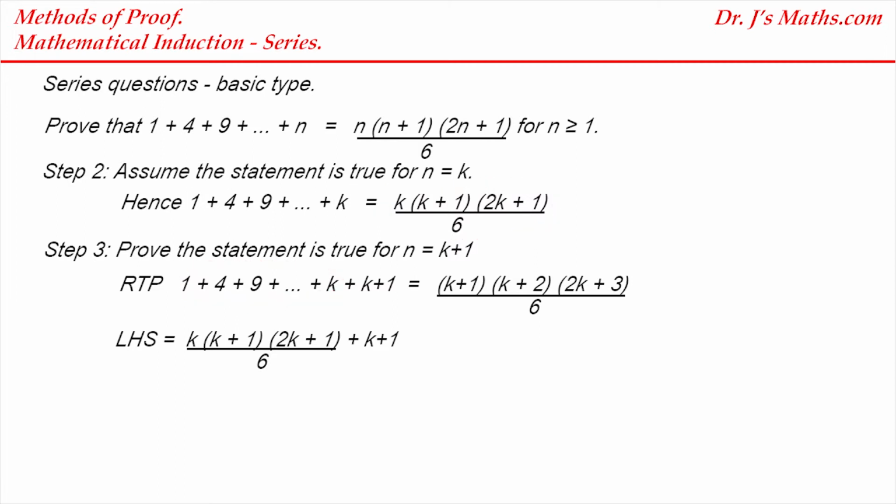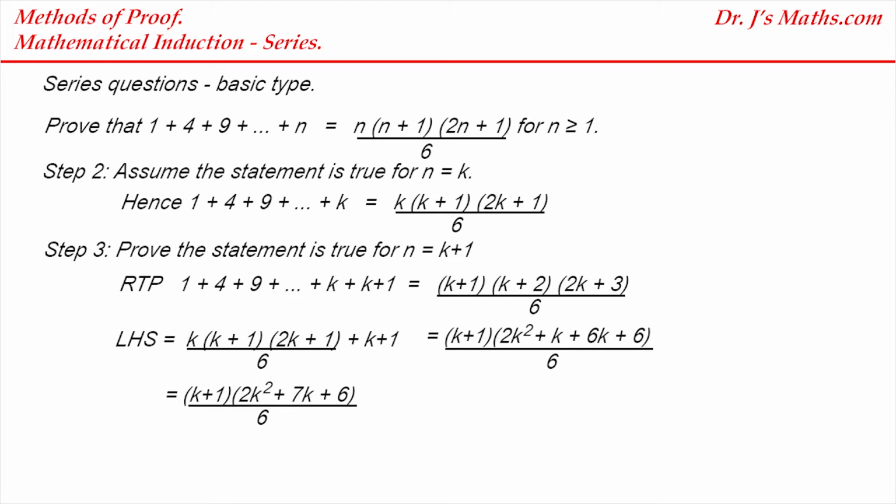Now we have a common factor there of k plus 1, so we'll take that out, and we're left with k times 2k plus 1, which is 2k squared plus k, and then bring the other bit to a common denominator, so it's 6k plus 6, and it's all over 6. Tidy up, we have k plus 1 times 2k squared plus 7k plus 6 over 6. Factorise, we have k plus 1, 2k plus 3, k plus 2 all over 6, which is of course the right-hand side.